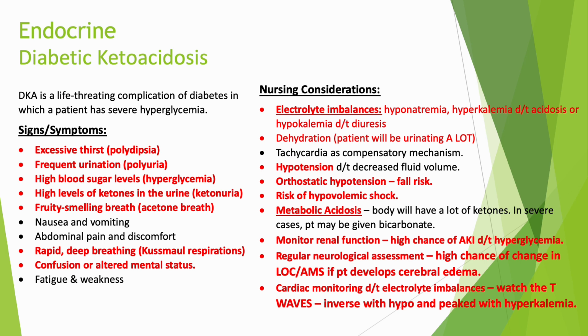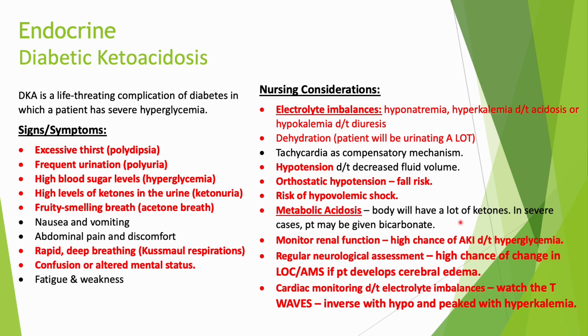Oh, Kussmaul respirations. That's always a question associated with DKA. And then it's going to ask, or potentially it's going to describe the Kussmaul respiration, so understand that you know what that means. Hypotension, orthostatic hypotension, diabetic or metabolic acidosis, like I said earlier, so that's cool.